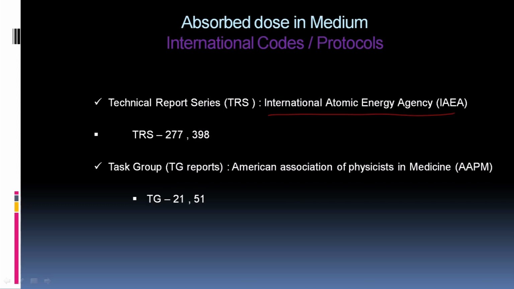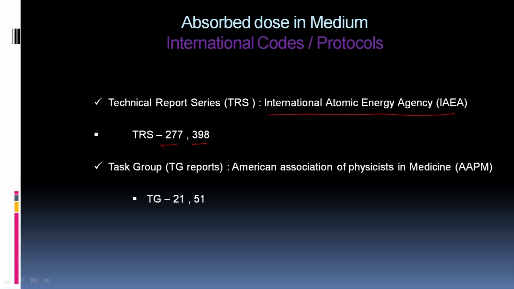For photon, gamma or X-ray dose calculation, they formulated TRS 277 and TRS 398.